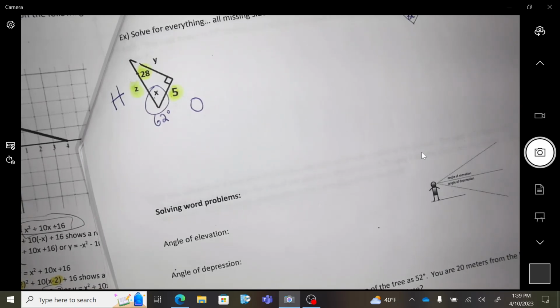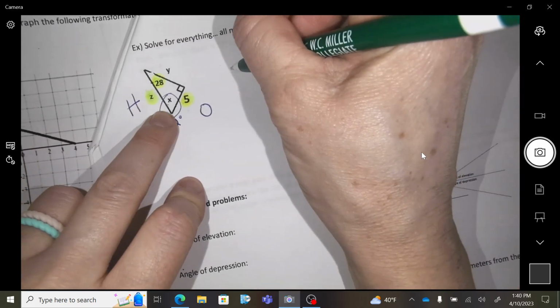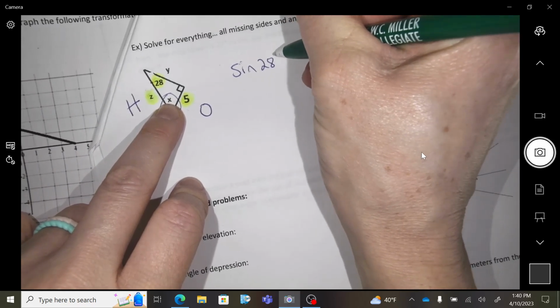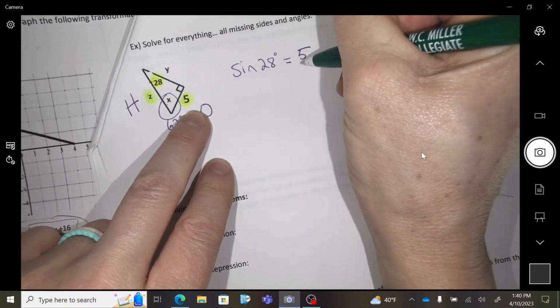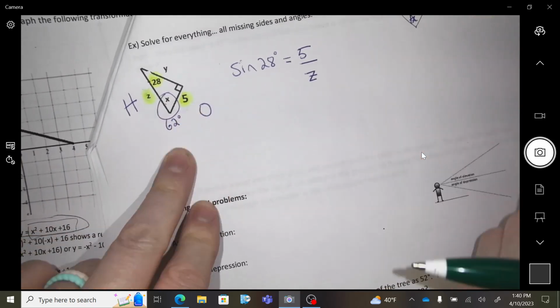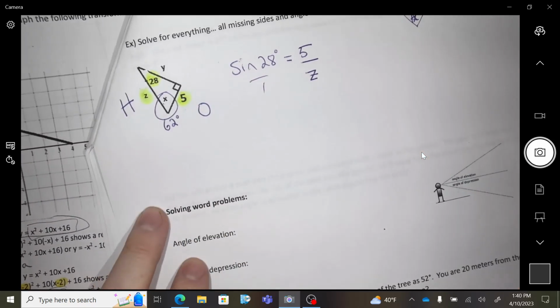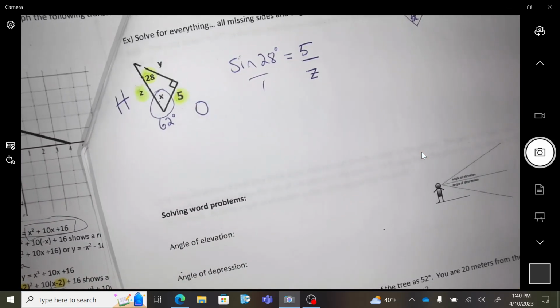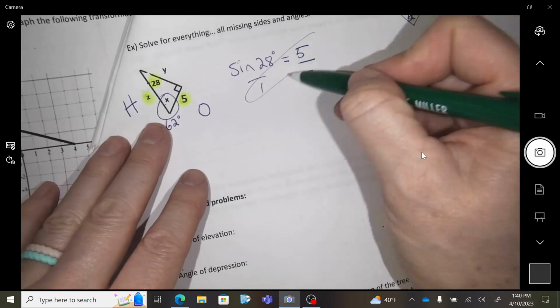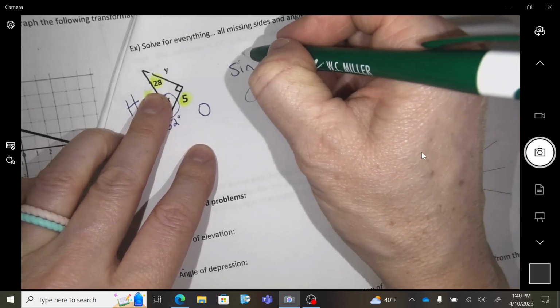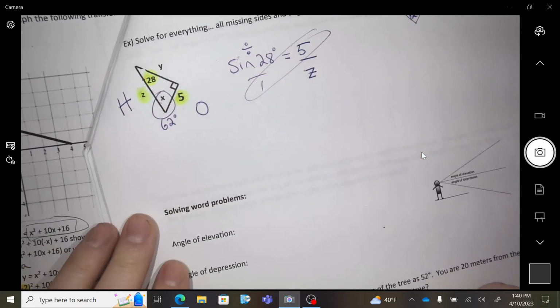It would switch. But you're going to get the same answer no matter what. Okay, so sine of 28 degrees is 5 over Z. Then I put that over 1 just to help myself. Crisscross. Which ones multiply, which ones divide? 1 and 5 times, divide.